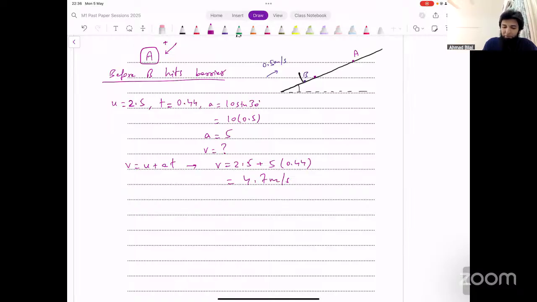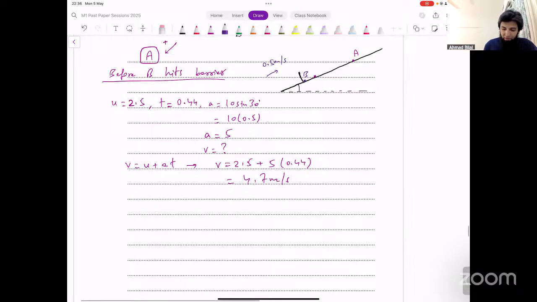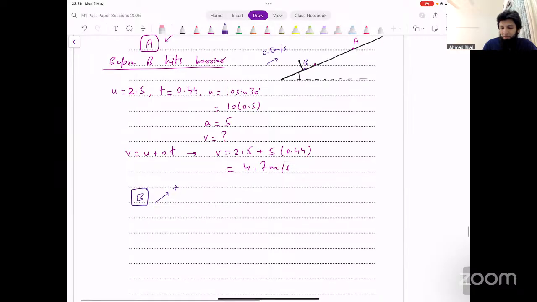What about velocity for B? That's also straightforward now, because we know the time. We don't have to find that ourselves. This is the positive direction for B. It's moving upwards. We know the initial velocity for B, that's 0.5. We know the time taken. What's the time taken?